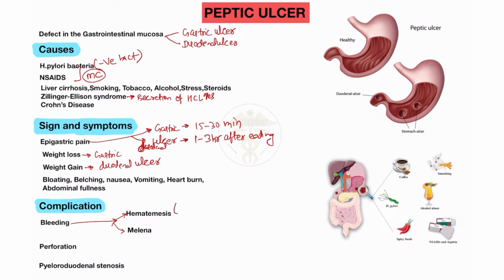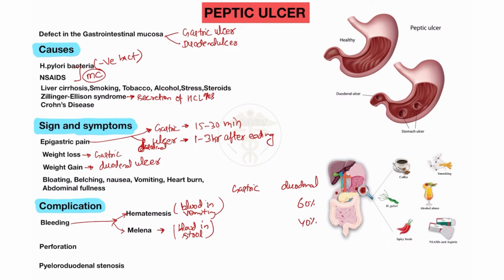Hematemesis means blood in vomiting, but melena is blood in stool. When there is blood in stool, it's called melena, but when there is blood in the vomiting, it's called hematemesis. When a duodenal ulcer occurs, the possibility of hematemesis is 60% and melena is a 40% chance.